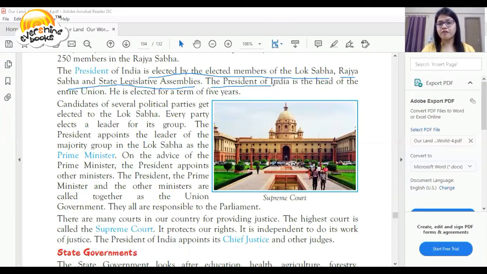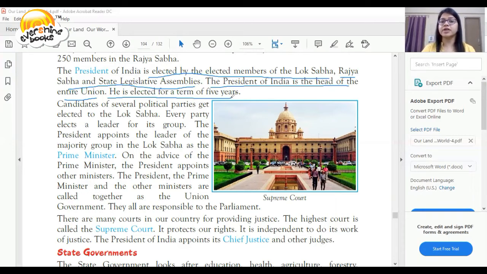The President of India is the head of the entire union. So, again, this is a very important question. Who is the head of the entire union? So, the answer is the President of India is the head of the entire union. It is elected for a term of 5 years. Again, this is a very important question.